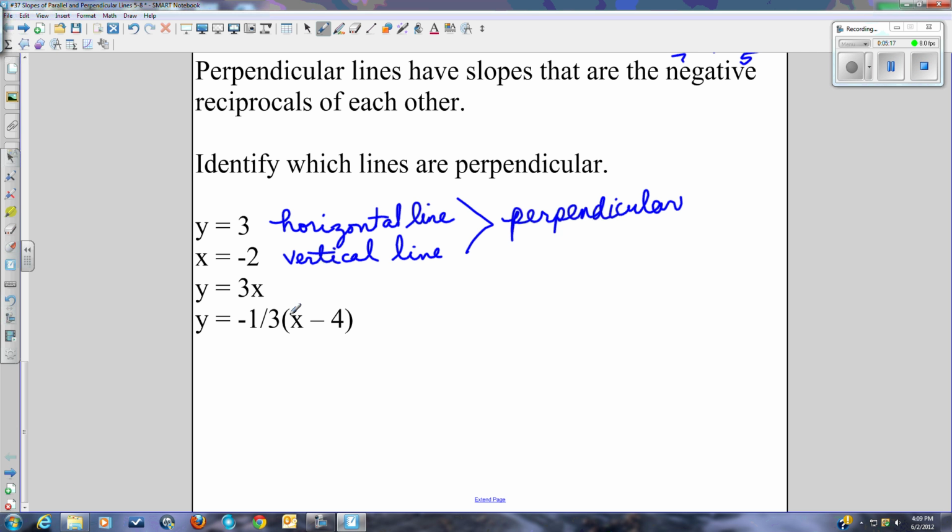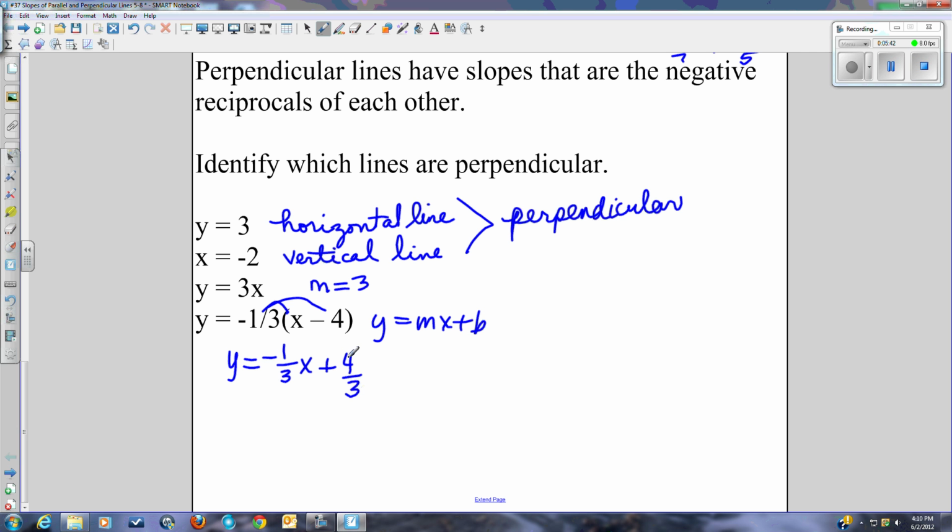Well, let's look at the next pair of lines. What's the slope of this line? Y equals 3x. Well, the slope is 3. How about this next one? Let's distribute. See if we can get it into y equals mx plus b form. So we have y equals negative 1/3 x plus 4/3.